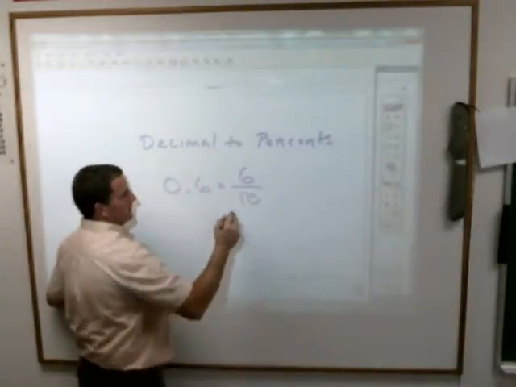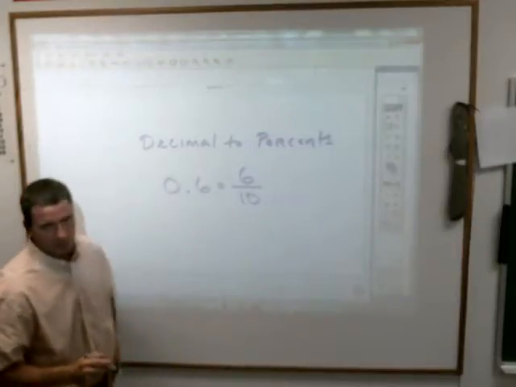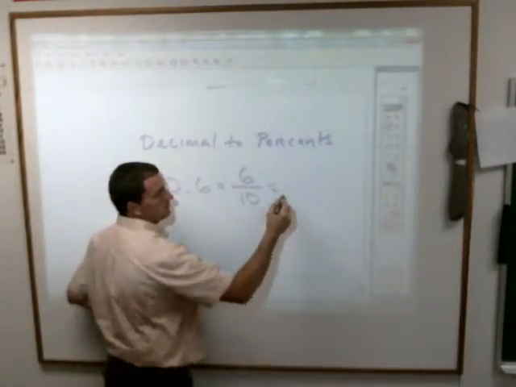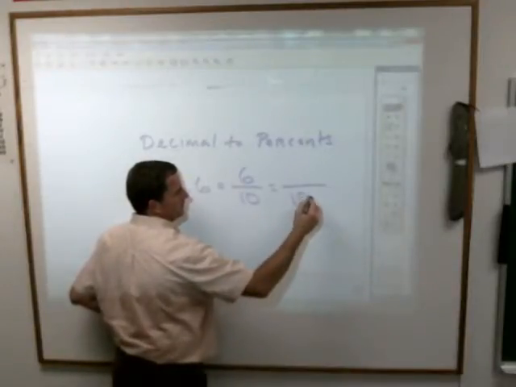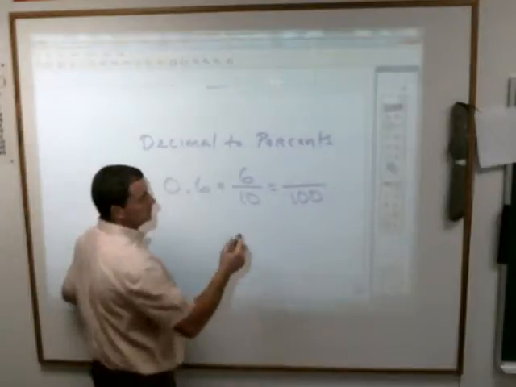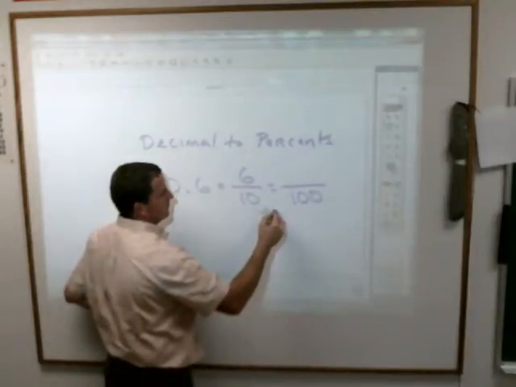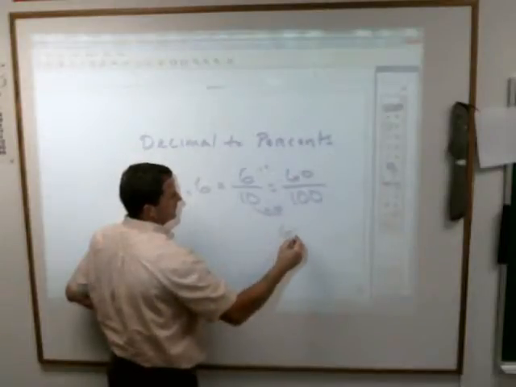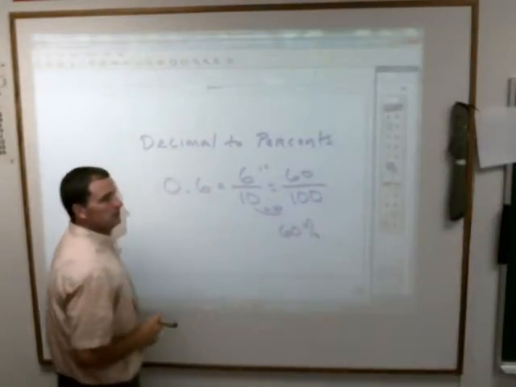You make it 6/10, but percent doesn't mean out of tens, percent means out of 100. So if you change this over 100, you end up with what number over 100? 60. Right, because you multiply both top and bottom by 10. So your percent is 60%. Is there an easier way to do that?